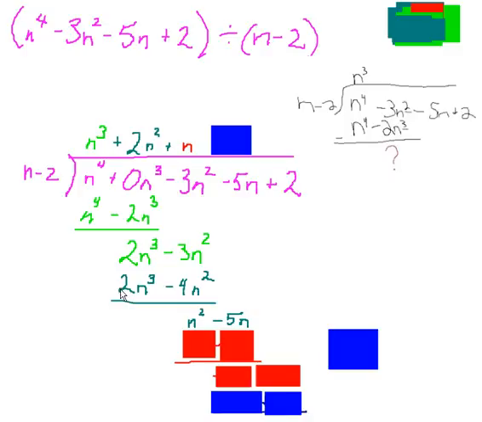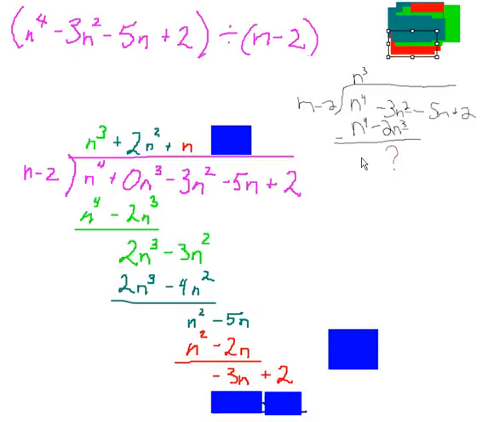So once I've done that, I multiply through, I get n squared. Then I multiply n times negative 2, and I get negative 2n. Subtraction again, being careful with negative signs. Negative 5 plus 2n gets me to negative 3n, and then I bring down that last 2.